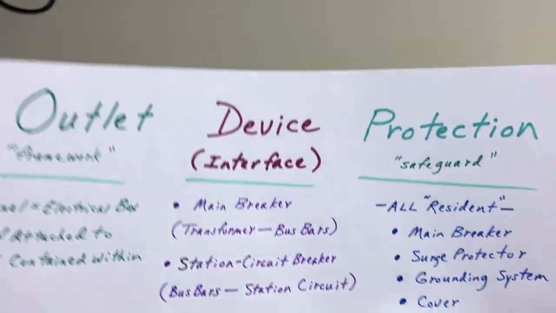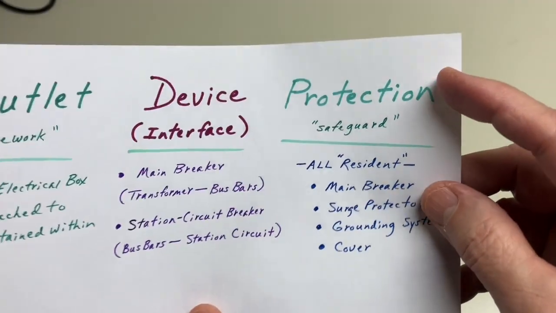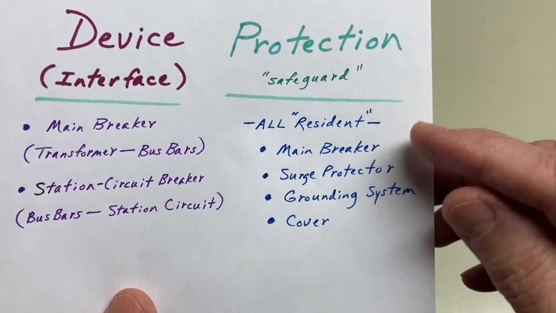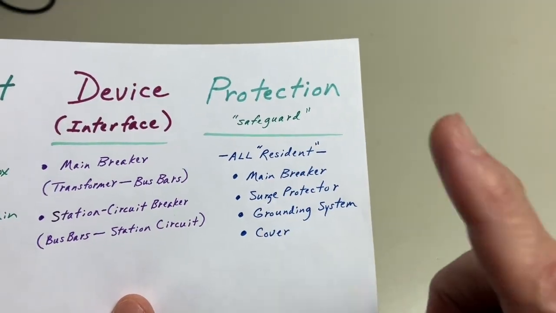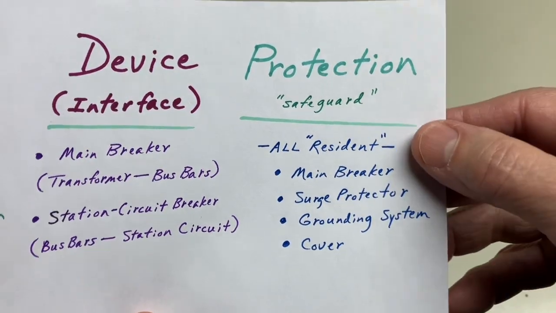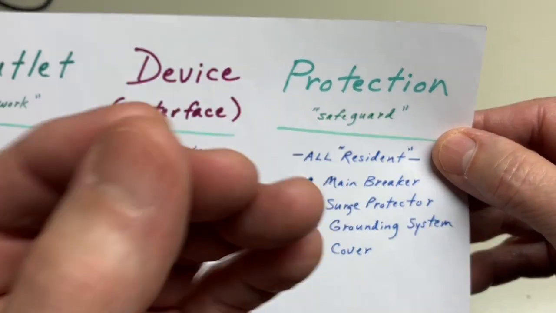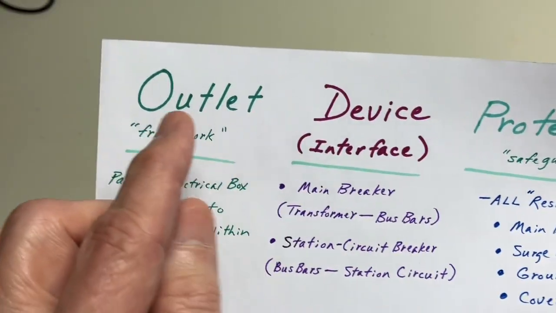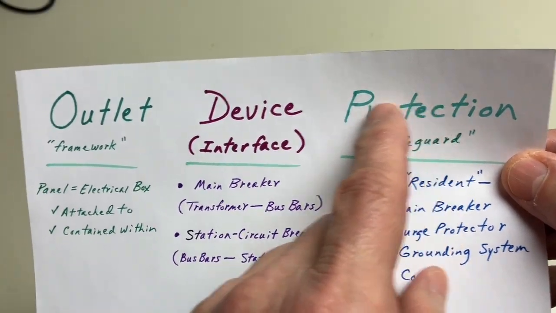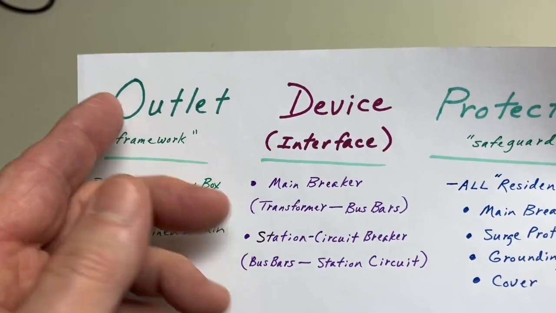Now, is there protection? Well, all the means of protection in this service entrance panel are resident. That means the means of protection are found inside the outlet. If the means of protection are found outside of the outlet, it's called remote protection.